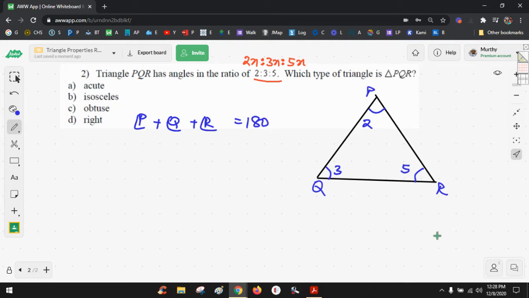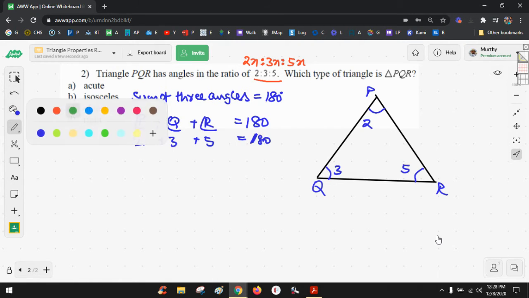Please remember, the sum of three angles of a triangle equals 180 degrees. But if I take, you see the funny part, 2 plus 3 plus 5, can it be 180 degrees or not? No. So there's something wrong. So instead of taking 2 plus 3 plus 5, you have to take 2x, 3x, and 5x.